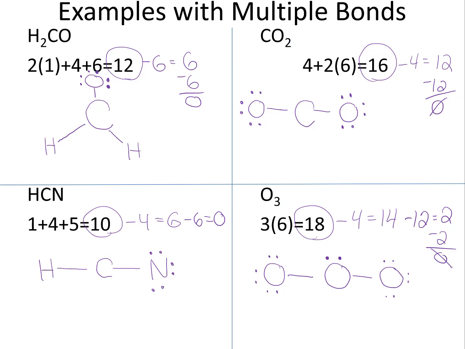However, if you look at the carbon in H2CO, the carbon does not have a complete valence. So in order to fix this, all we can do is steal electrons from a terminal atom and make a multiple bond. So we have to steal electrons from the oxygen.